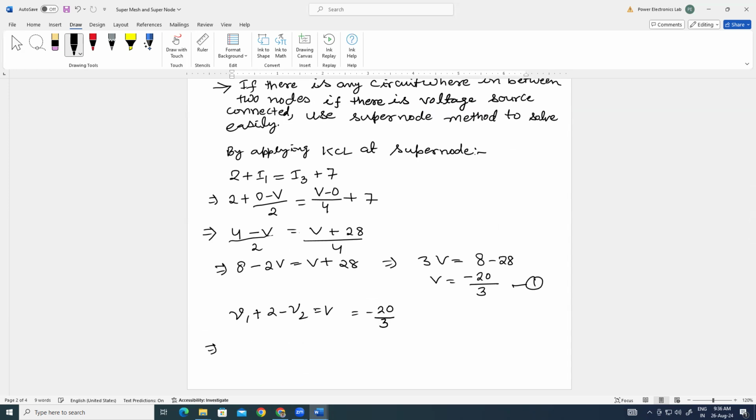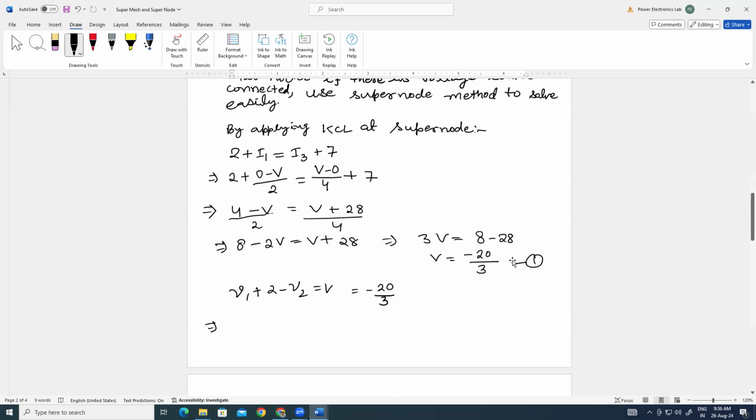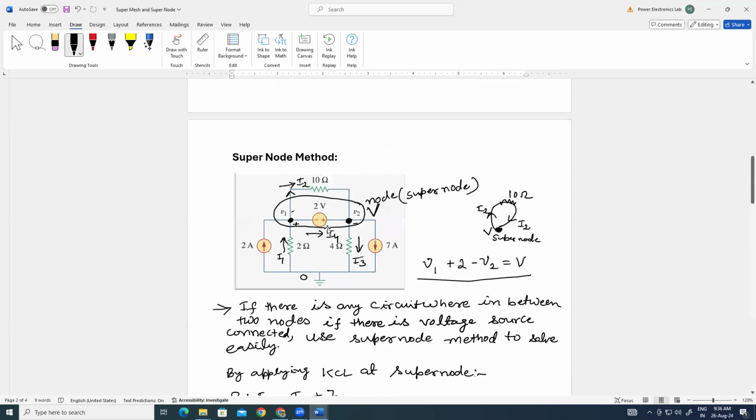Sir, what does the negative sign imply here? Which negative sign? This voltage value. This voltage value implies that the terminal voltage will be reversed. Previously, if the polarity of voltage we had assumed plus here, minus here, it will be reversed.